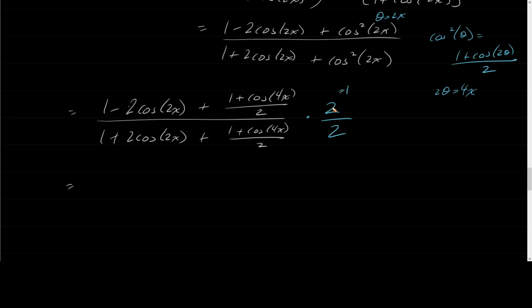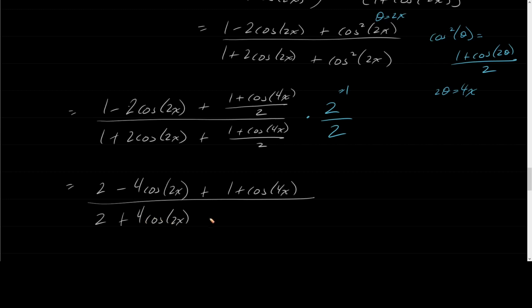So what does that do for us? Well, distributing this 2, 2 times 1 is 2, 2 times 2 is 4. So I'd have 2 minus 4 cosine of 2x, plus in here, that's just 1 plus cosine of 4x, because this 2 will cancel out this 2 in that fraction. Similarly, I end up with 2 plus 4 cosine of 2x plus 1 plus cosine of 4x on the bottom by distributing this 2 to each of these terms.